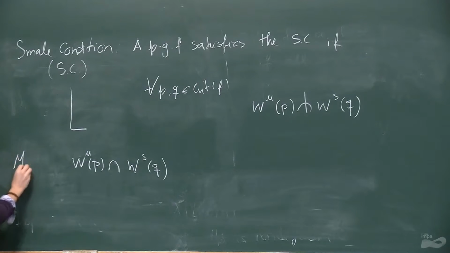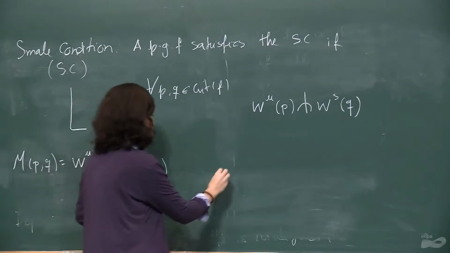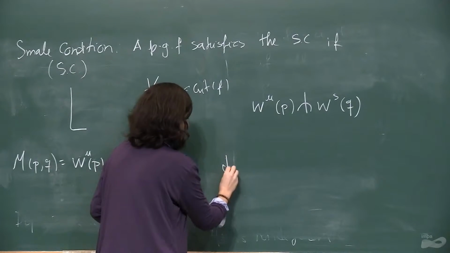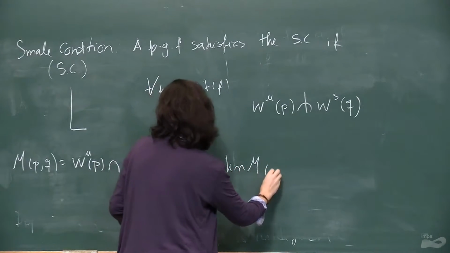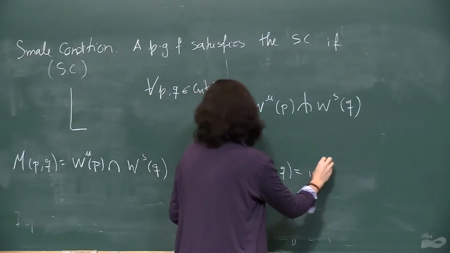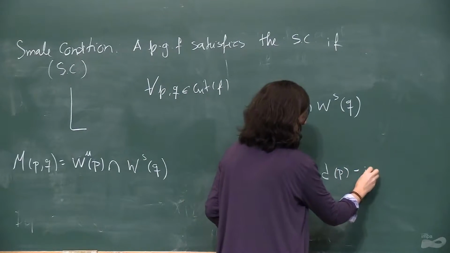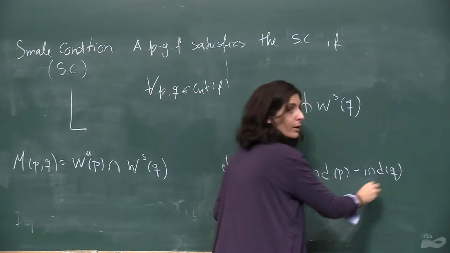I'll call it MPQ. And one can check that the dimension of MPQ is equal to the Morse index of P minus the Morse index of Q.